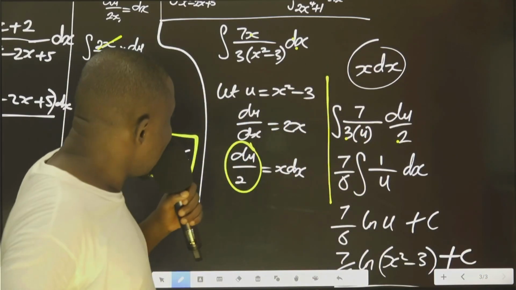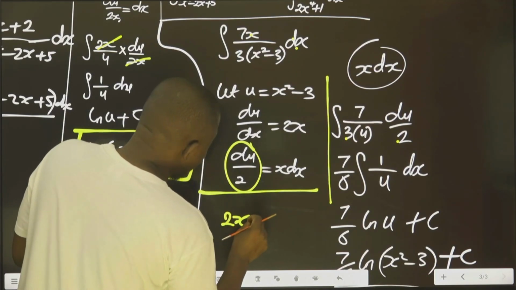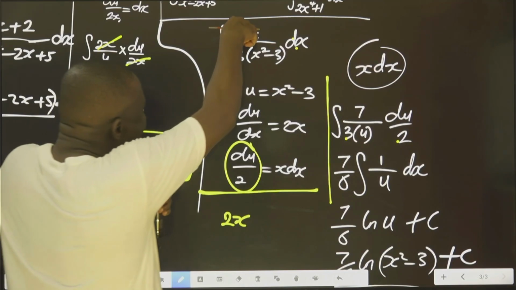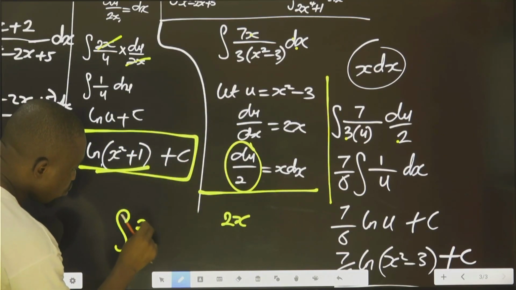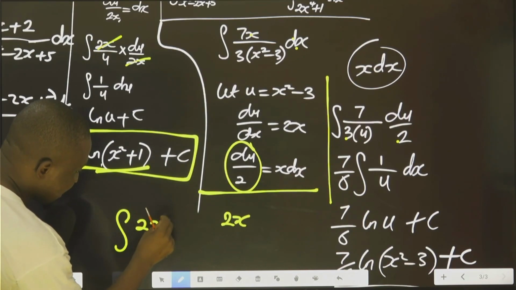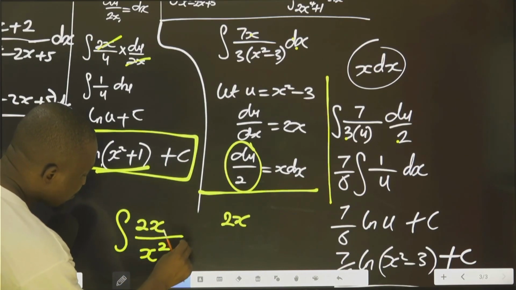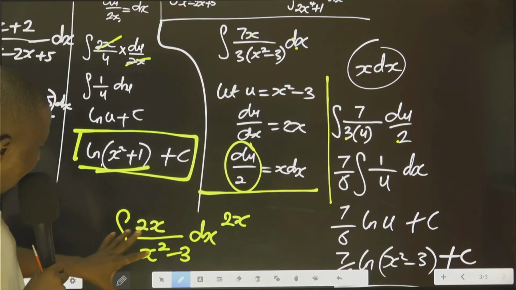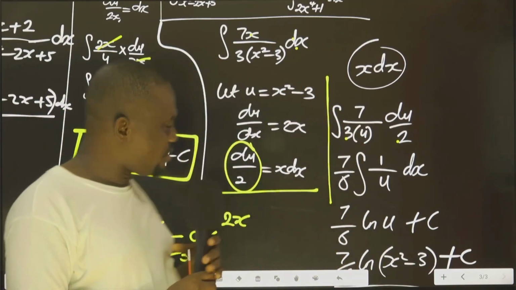In my head, I know that the derivative of the denominator is 2x, so I should have 2x here. That is, the original would have been 2x over x squared minus 3 dx.